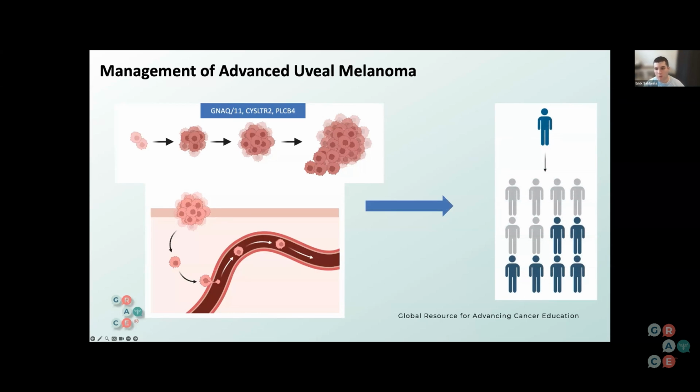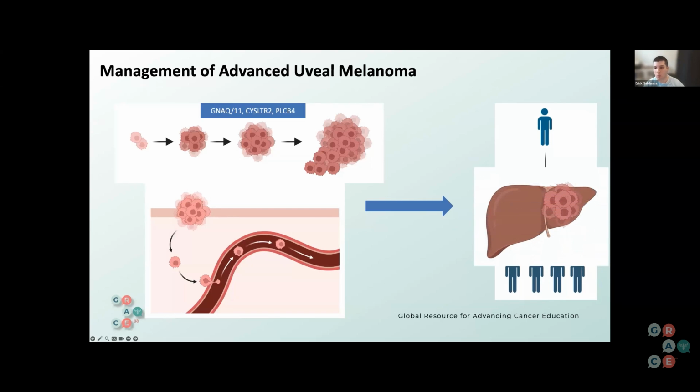And what I want to show here is that half of those patients, meaning 50% of uveal melanoma patients following curative intent treatment of the local primary tumor in the eye, will develop a recurrence. And it's very important to understand that the primary organ established for uveal melanoma in the vast majority of cases is the liver.